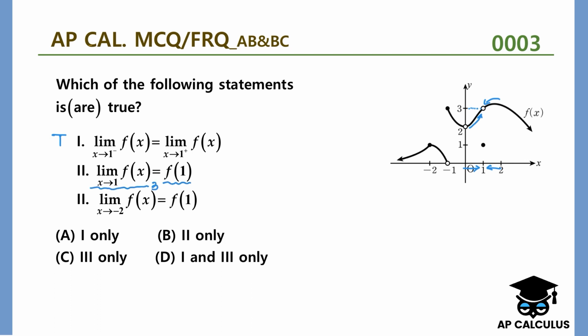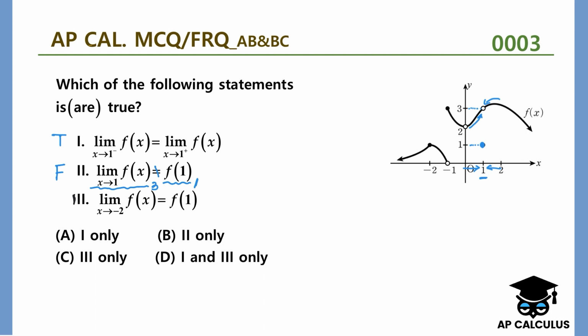What's f of 1? When x is 1, the value is actually right here, which is equal to 1, right? So f of 1 is equal to 1. So they're not equal to each other. So the second part is false. Okay, third part. The limit as x approaches -2. Let's find the limit value as x approaches -2.